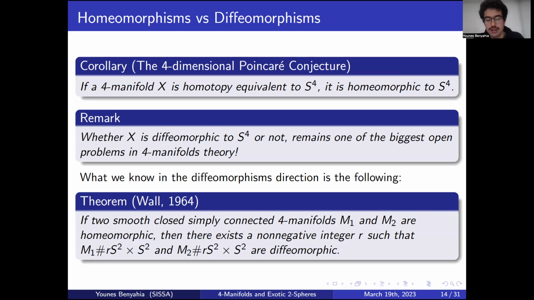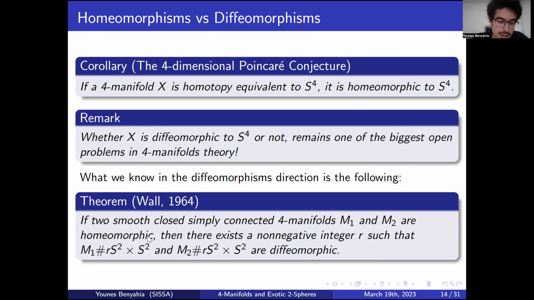So the theorem is pretty much saying that you can stabilize the manifolds if they were homeomorphic but not diffeomorphic. If you add enough S2 times S2 to both sides, they will become the same. You will stabilize the smooth structure. It's called the Wall stabilization theorem.